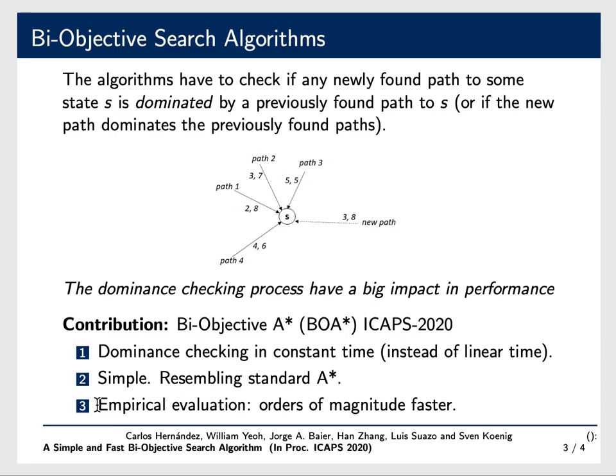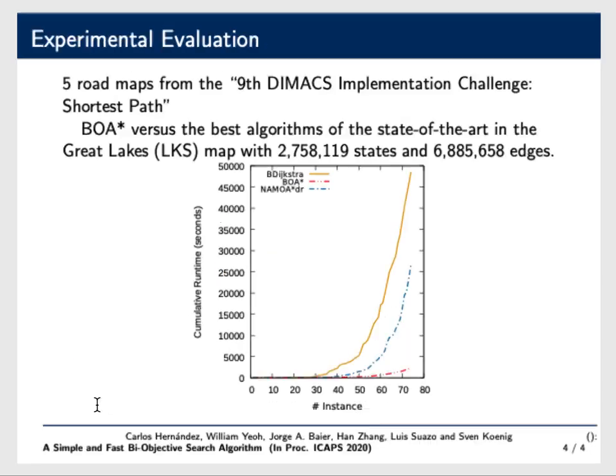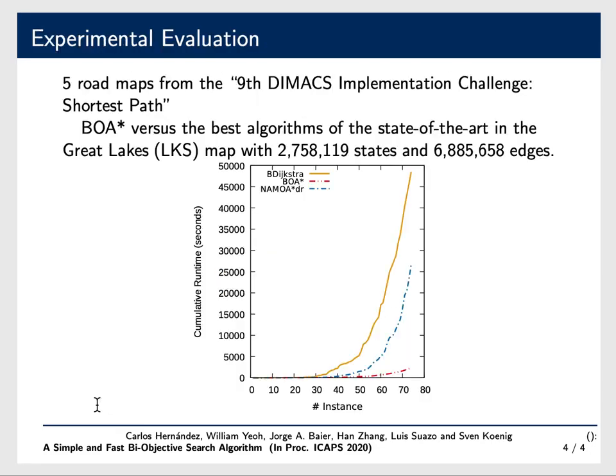Finally, in our empirical evaluation, which I'm going to show you a little bit of now, we show improvements quite significant with respect to the state of the art. We compared on 5 roadmaps of this competition.